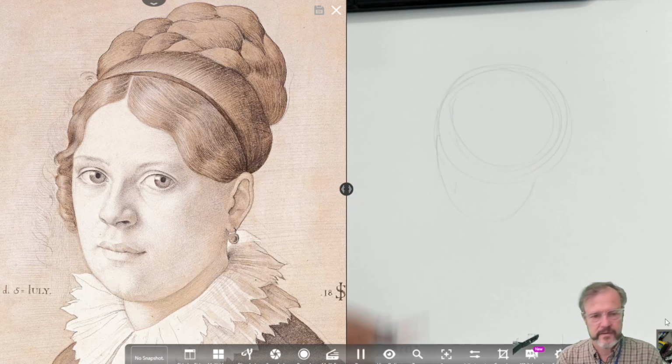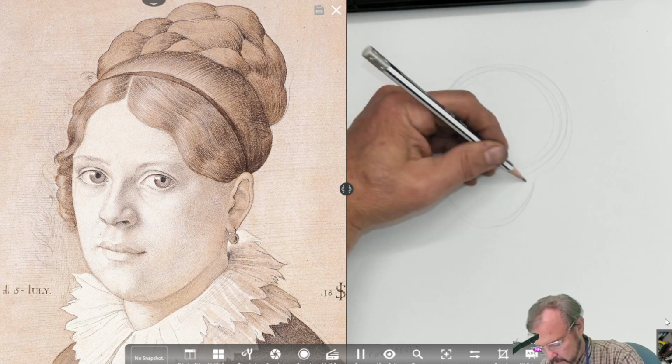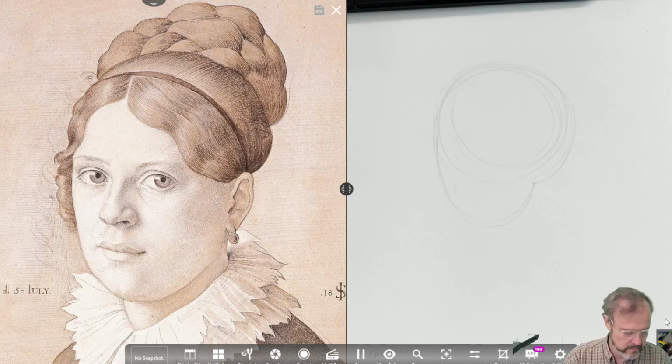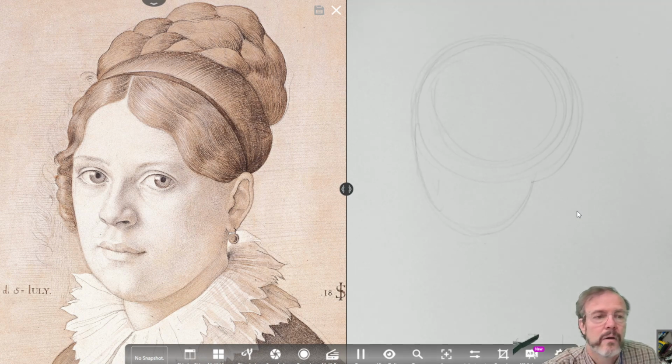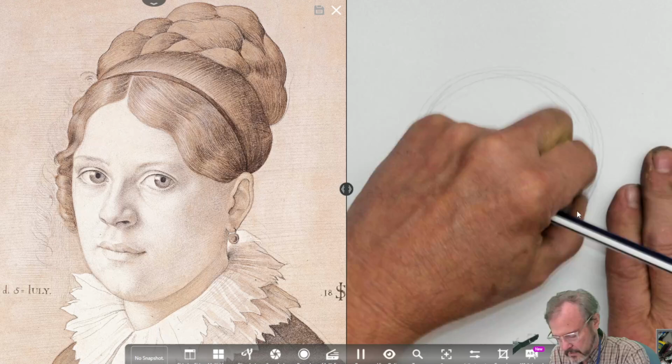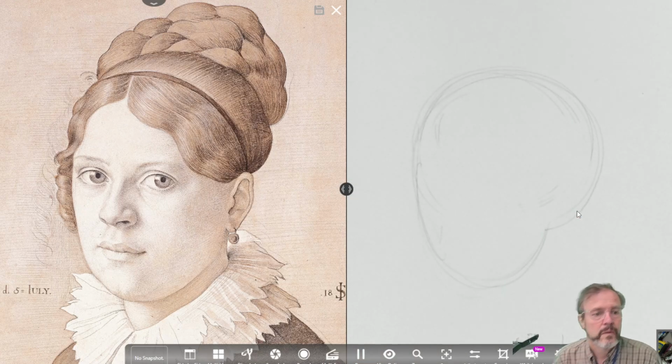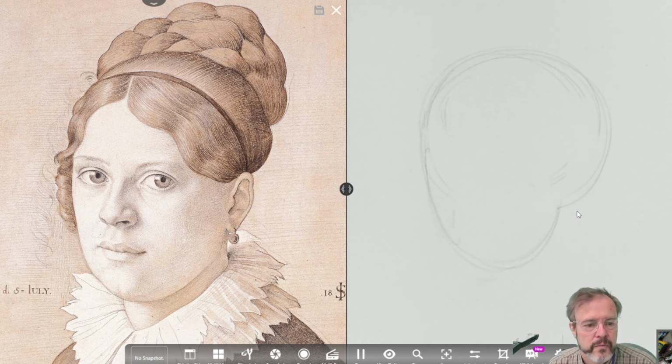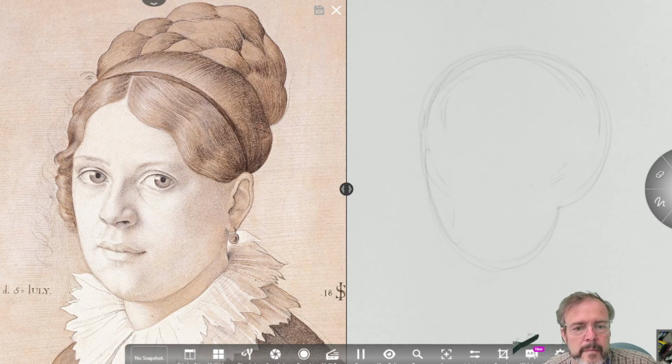Cranium and the face. So notice that at this stage, we are paying attention to where the jaw kind of intersects the head and how much of the cranium is behind it.